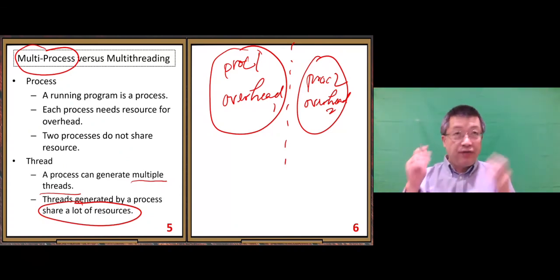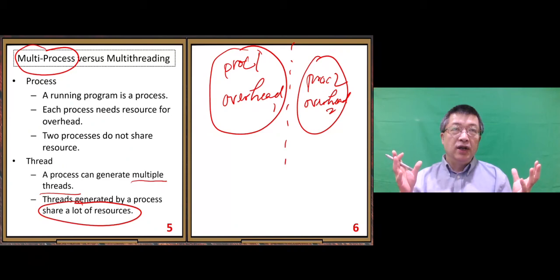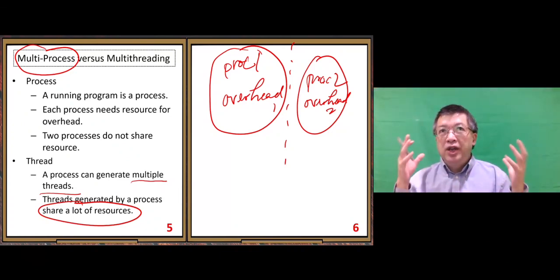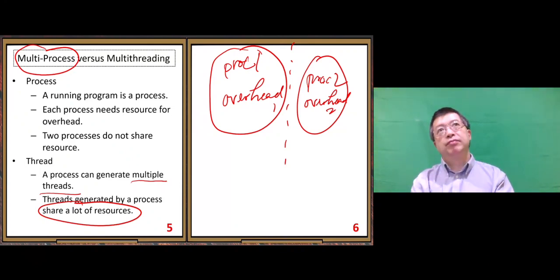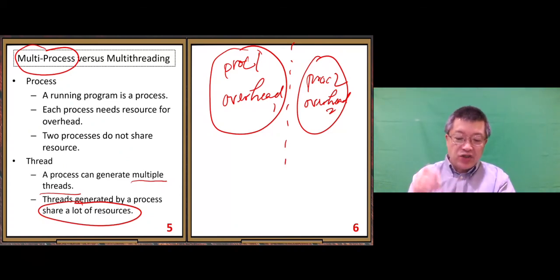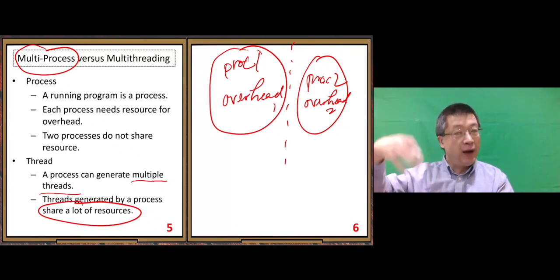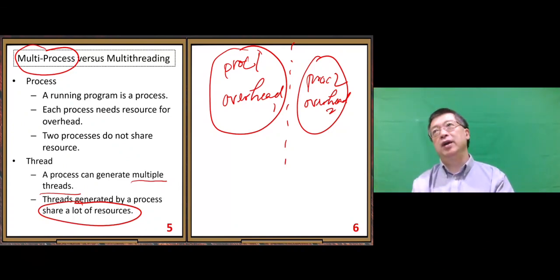First, a thread does not need the whole resource of a process. The thread only keeps the minimum resource it needs to do the work. And threads can share resource with the parent process.